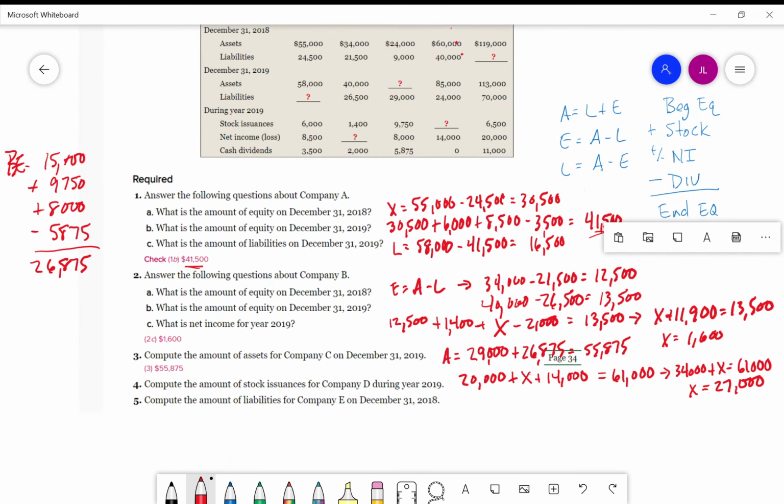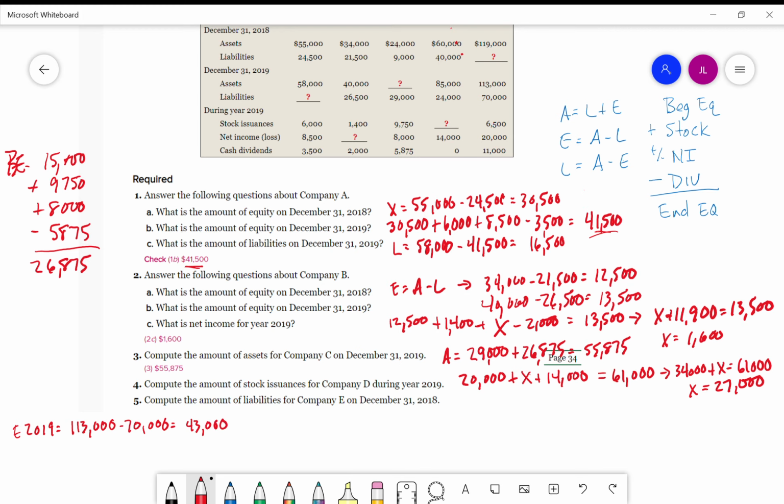The ending equity in 2019 would be 113,000 minus 70,000, which is 43,000.